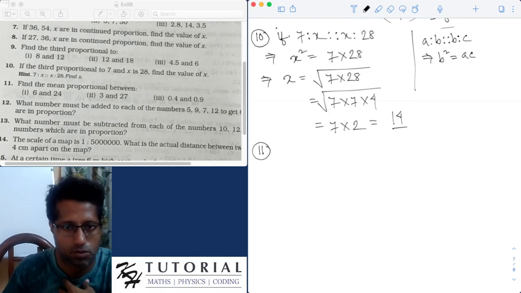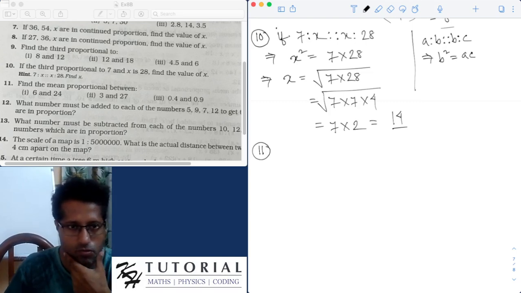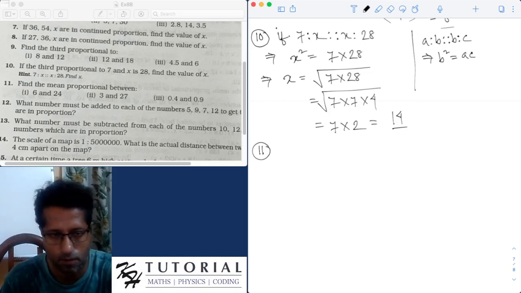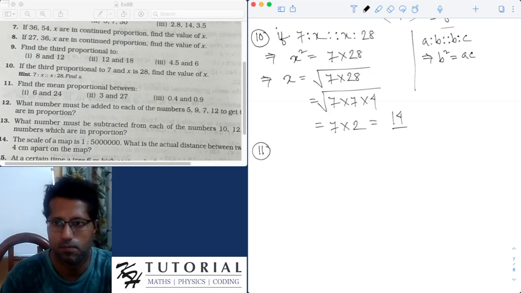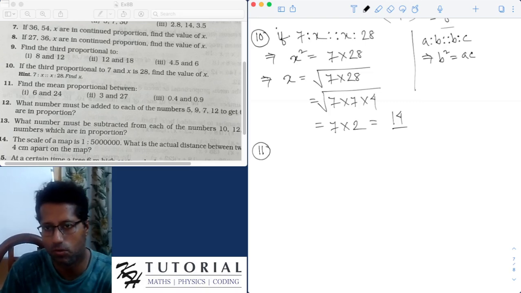Find the mean proportional between. Now you have to be very familiar with the terms that it is using. Third proportional is always for two numbers. In problem 10, it asked the third proportional to some two numbers, and the mean proportional is also related to continued proportion.